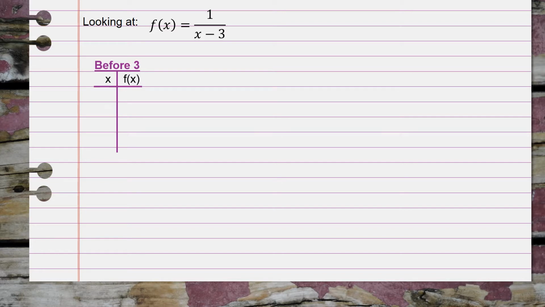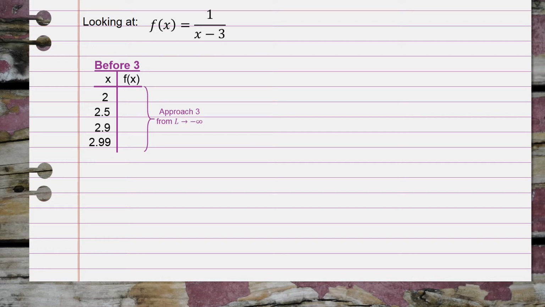Before 3, you may think of the number 2. Now, are there numbers between 2 and 3 on the number line? Yes. So let's look at a few of those values. How about 2.5? Maybe even get a little closer. How about 2.9? And maybe even closer than that. Maybe 2.99. Now, all of these values are approaching 3 from the left side.